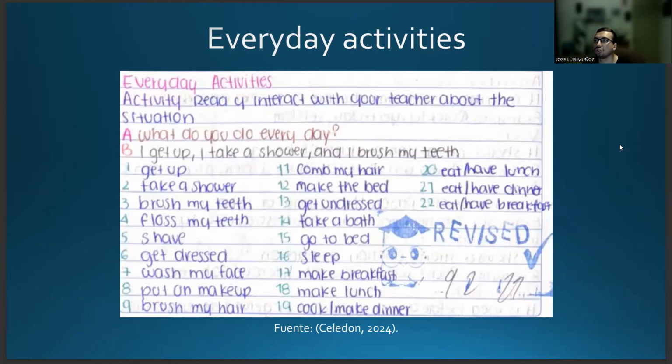You have get up, take a shower, brush your teeth, floss my teeth, shave, get dressed, wash my face, put makeup, brush my hair, comb my hair, make the bed, get undressed, take a bath, go to bed, sleep, make breakfast, make lunch, cook, I make dinner, have lunch, eat, have dinner, have breakfast.